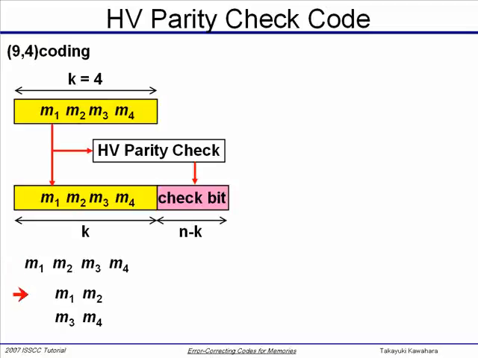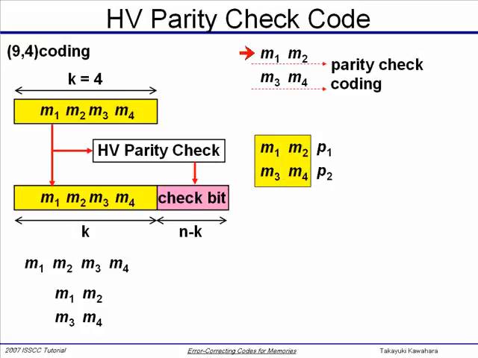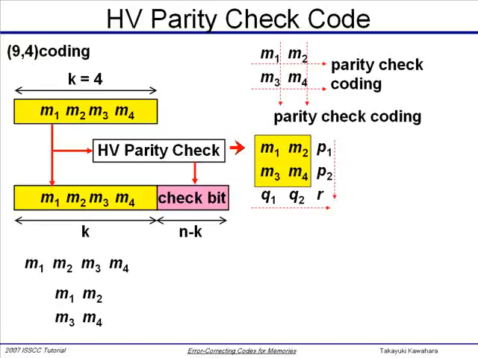Then we calculate first the row parity check, M1 plus M2, M3 plus M4. And then we calculate the parity check as vertical columns, M1 plus M3, M2 plus M4, Q1, Q2. And finally, with the parity check bits, we calculate R. So this is the HV parity check.